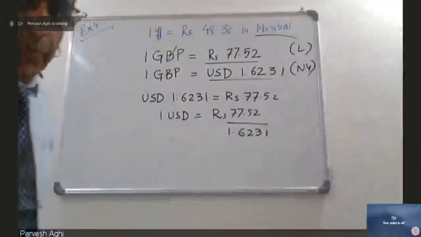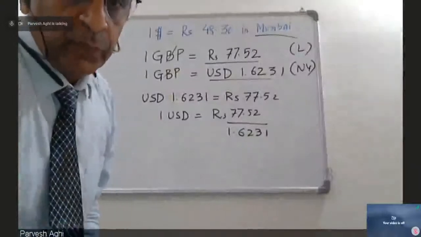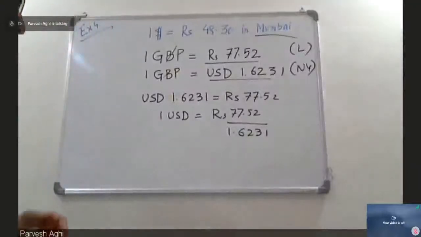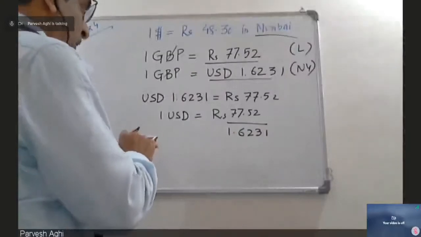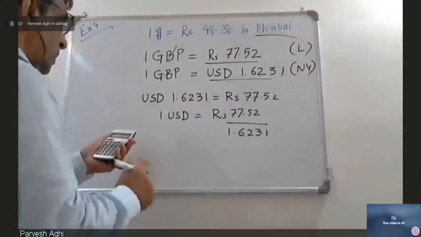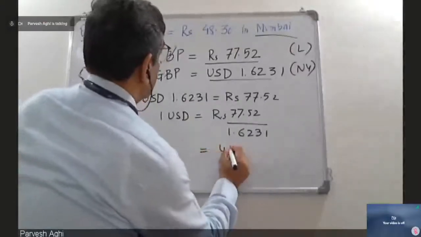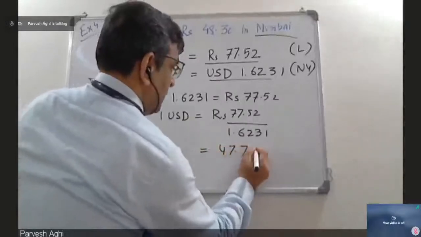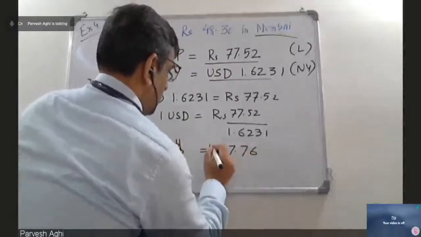Okay. So we'll do that. So let's calculate. 77.52 divided by 1.6231. So I get 47.76. So this is $1 is equal to rupees.